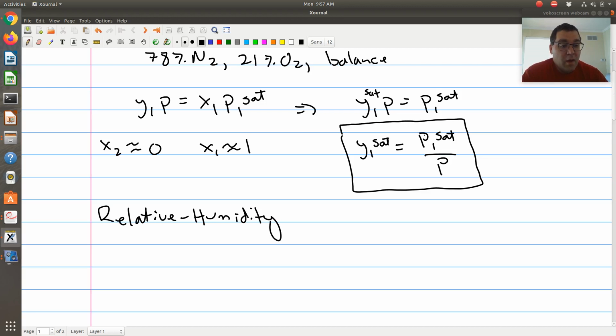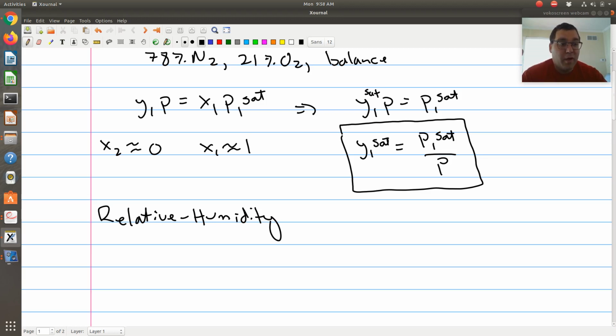P1 sat is going to be a function of T, P is P. The whole idea behind relative humidity is just how close am I to saturation. If I had a vapor composition of water that was less than y1 sat, then my vapor phase isn't at saturation. Water's not going to begin to condense out of that vapor phase.